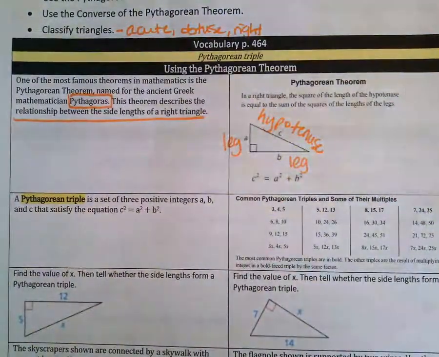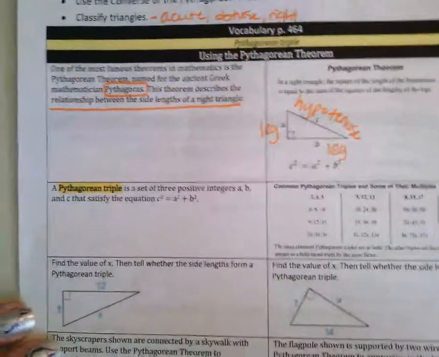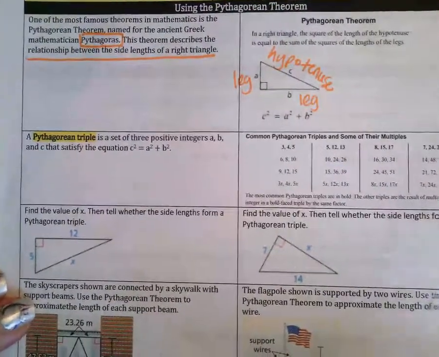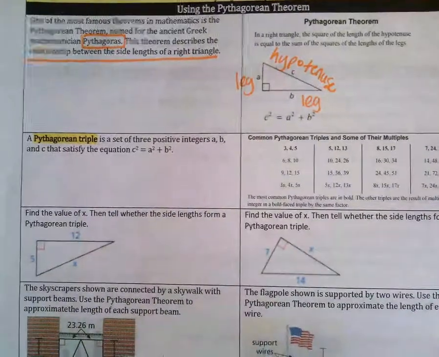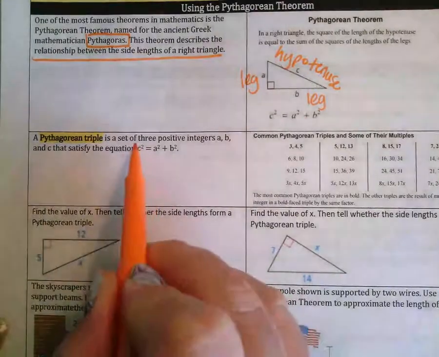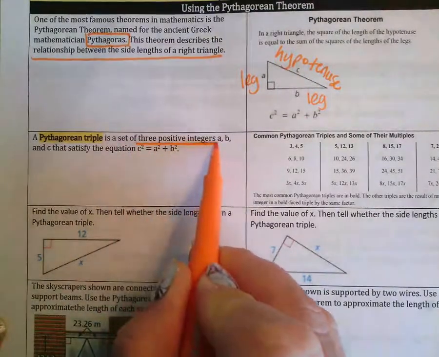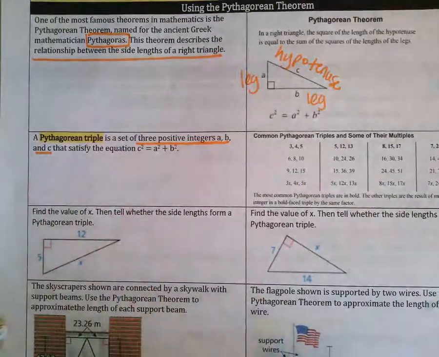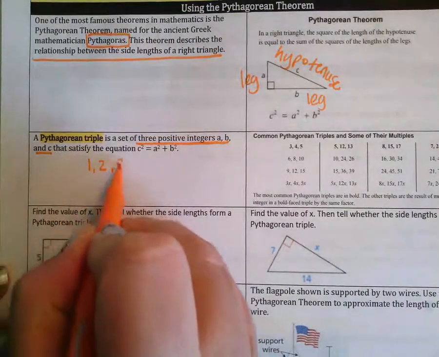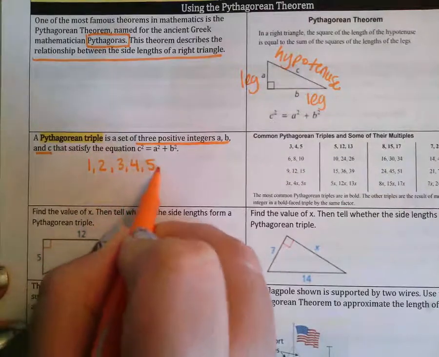Now, there is a new vocab word called the Pythagorean triple. A Pythagorean triple is basically a perfect right triangle, because it has 3 positive integers for A, B, and C. You're talking about numbers like 3, 4, 5.